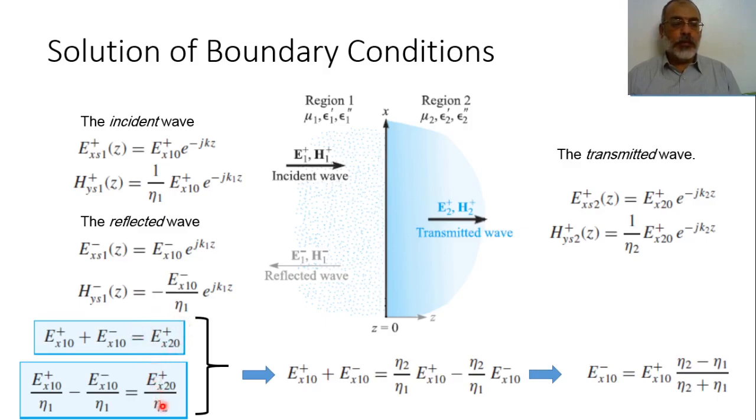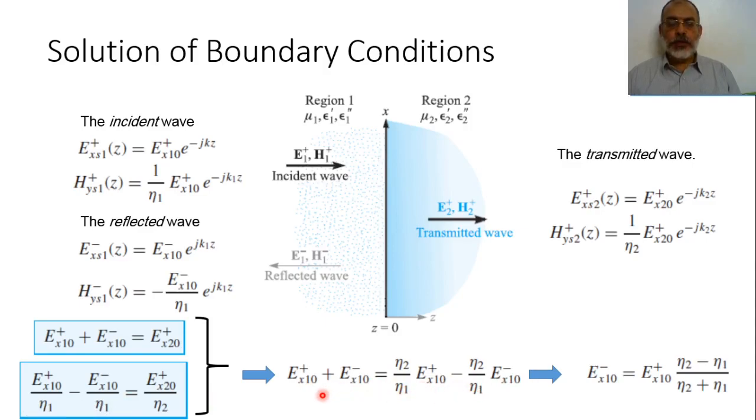So by multiplying the two sides of this equation by eta 2, and replacing Ex2 plus by eta 2 multiplied by Ex10 plus over eta 1 minus eta 2 multiplied by Ex10 minus over eta 1, we obtain this relation.